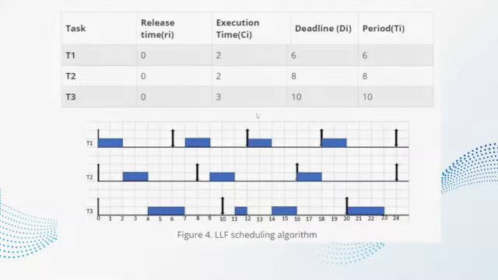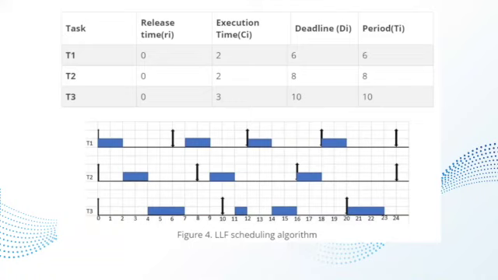L1 is equal to 6 minus 0 plus 2, which is equal to 4, and then L2 is equal to 8 minus 0 plus 2, which is equal to 6. And L3 is 10 minus 0 plus 3, which is 7. As task T1 has the least laxity, it's going to execute with higher priority.